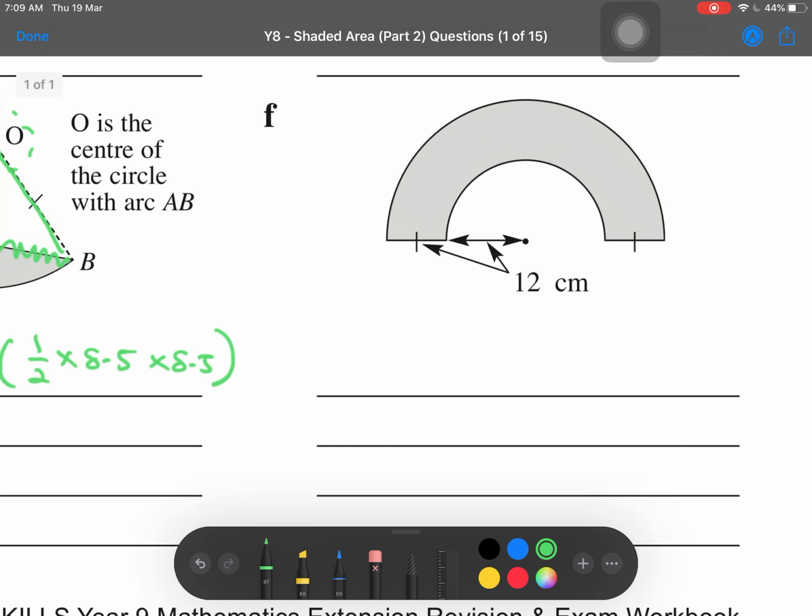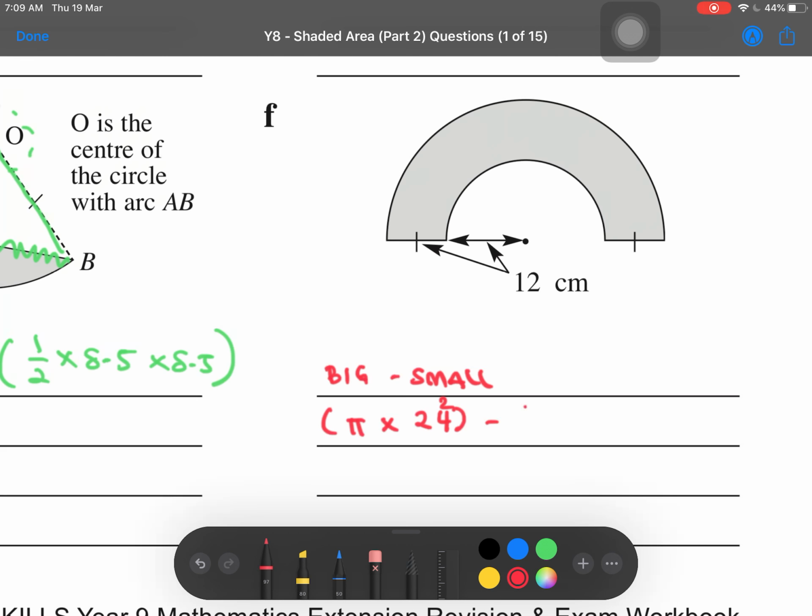Okay, in this question, you know that both are semicircles, so it's quite straightforward. It's just that you need to label the radius correctly. So the idea is still the same, big minus small. And then for the big one, it's pi times r squared.